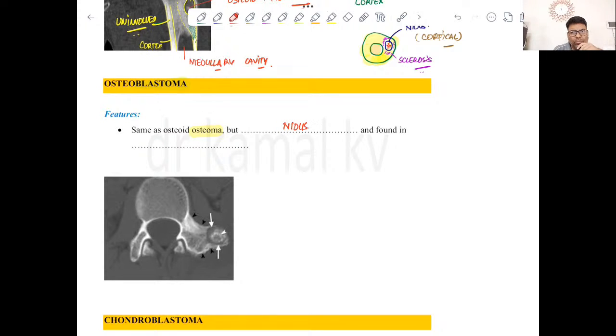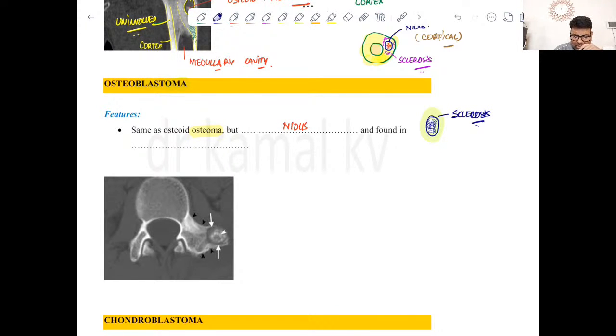And I think most of you must have understood what a nidus is. There is a black cavity, and in that black cavity we can have multiple white lines like this, and this is surrounded by a zone of sclerosis or whiteness. I'm sorry, I'm using some other colors, but it's just for demonstration purposes. So this is a classical nidus.